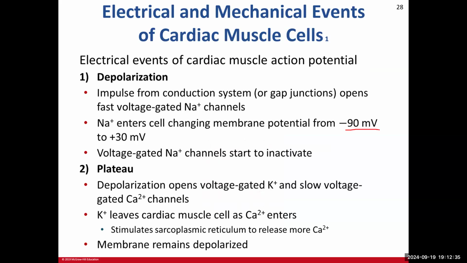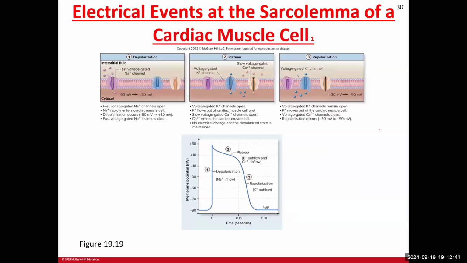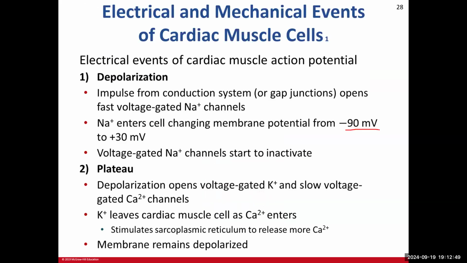Right, and so that +30 is then going to stimulate this phenomenon called the plateau phase. See on our graph here, it's almost horizontal, sort of. Right, so that's our plateau phase. So once we get to that +30, then the slow voltage gated calcium channels open up.